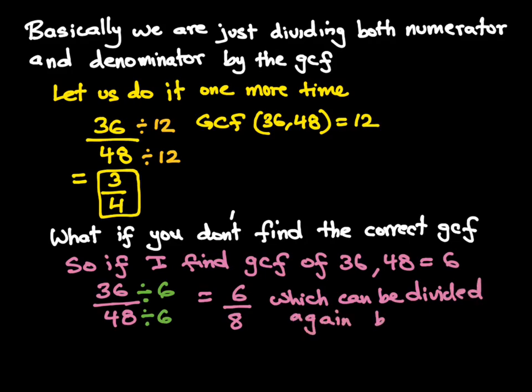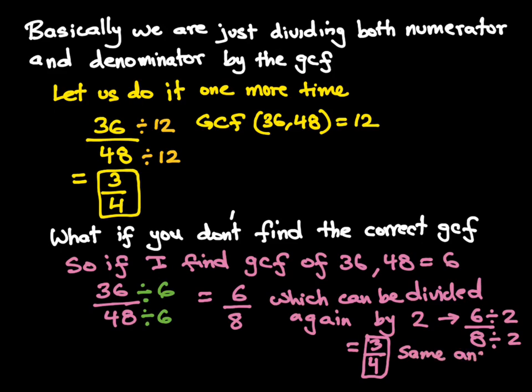Because 2 goes into both 6 and 8, and I think I messed up on writing this one here, but I'm correcting it, not enough space, and the answer is 3 divided by 4. So I'm going to get the same answer no matter what, whether I mess up in finding the GCF or not. So that's how we do it in case we make a mistake.